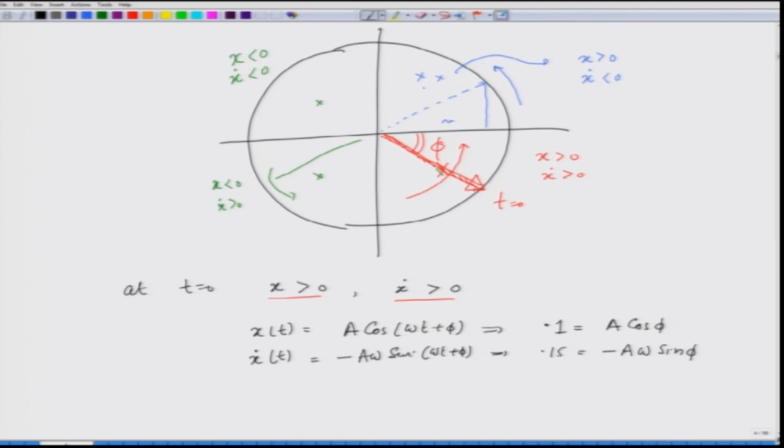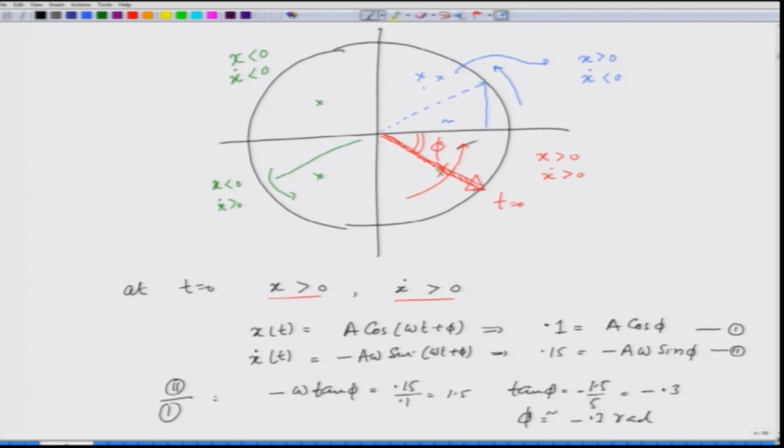You can immediately see that this is my equation 1, equation 2. If I divide equation 2 by equation 1, I get minus omega tangent of phi equals 0.15 over 0.1, which is 1.5, and therefore, tangent phi is equal to 1.5 over 5 with a minus sign, which is minus 0.3, or phi is going to be approximately minus 0.3 radians.